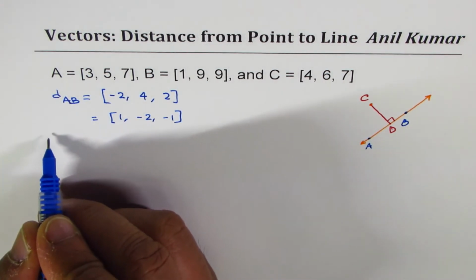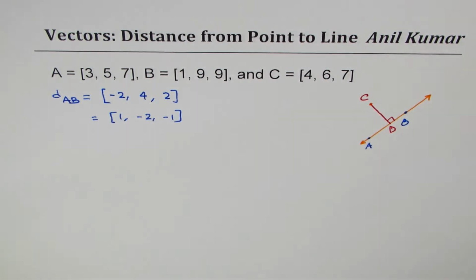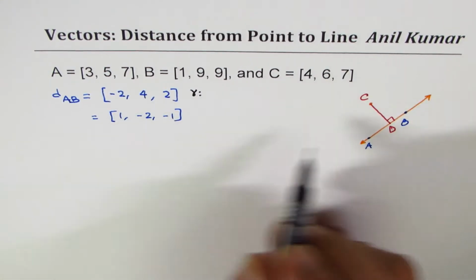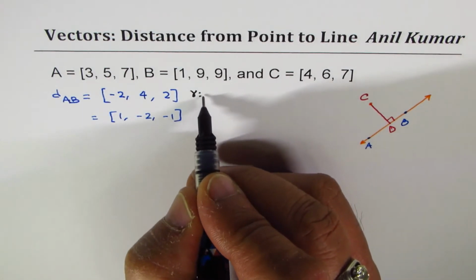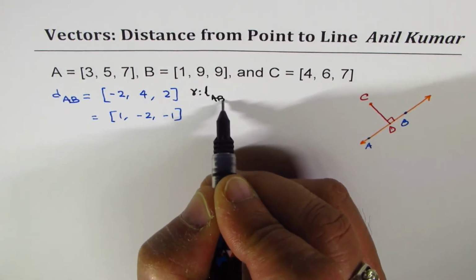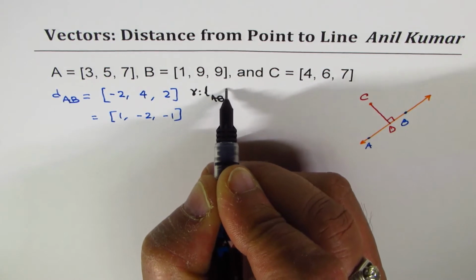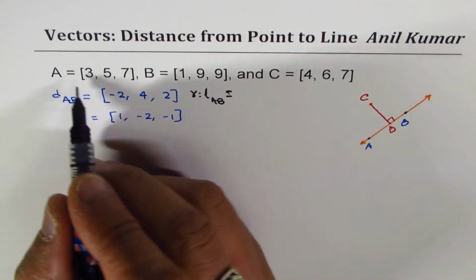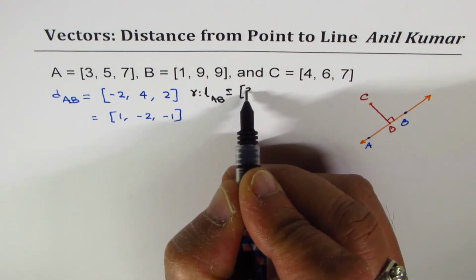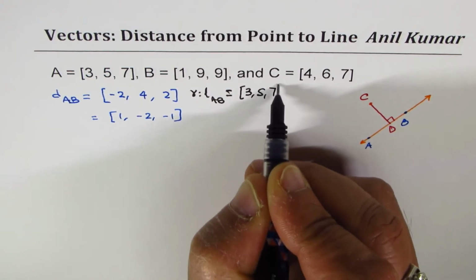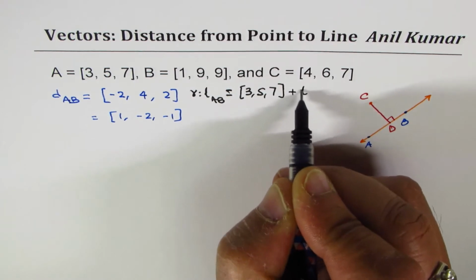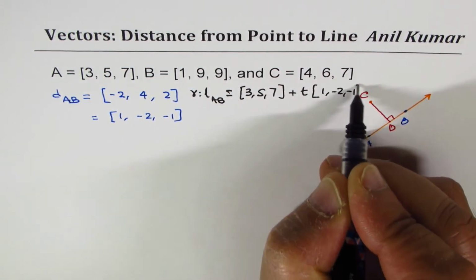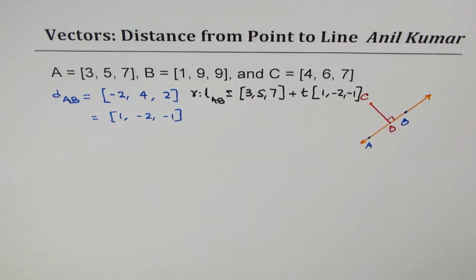Let me write it down here. We could take point A, which is 3, 5, 7, plus t times the direction 1, minus 2, minus 1. So that is in the vector form.